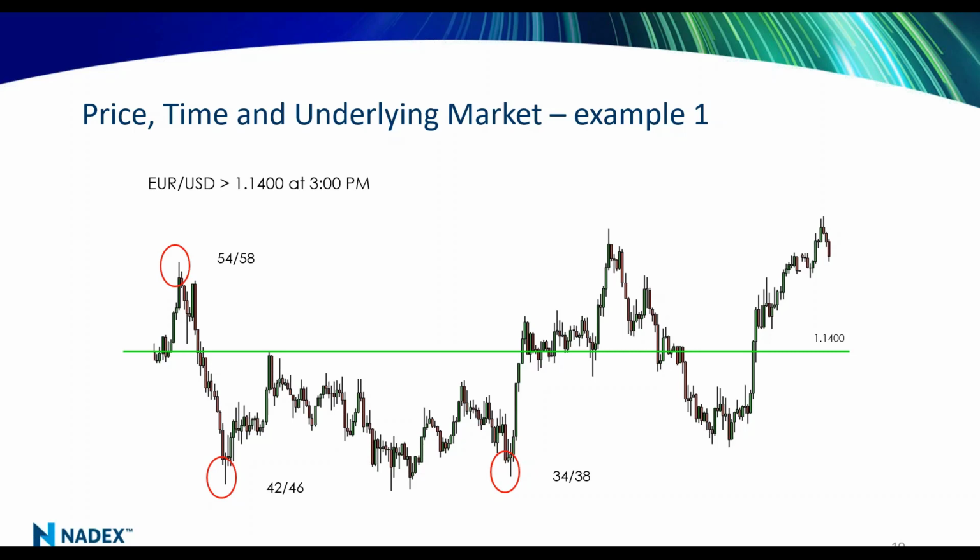Why did the price drop? The probability dropped because there was less time for this prediction that it would finish above 114 to be true. So as time went on, the probability of it actually happening started to decay away because now something had to happen in order for this to get above 114.